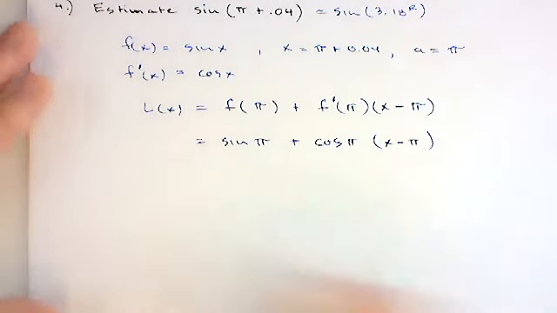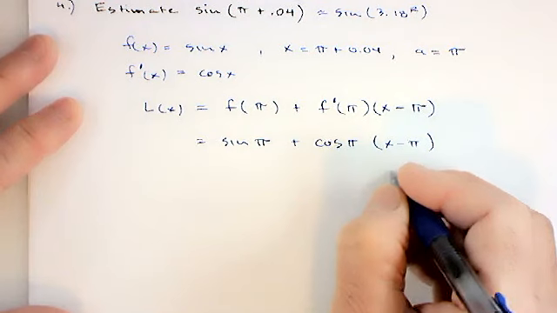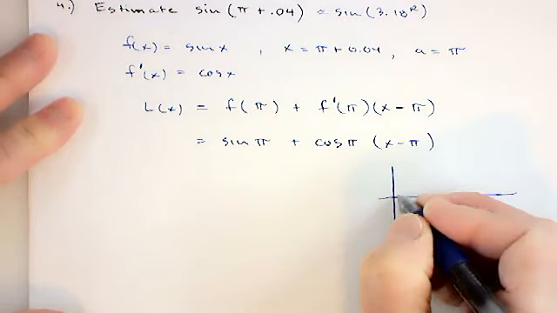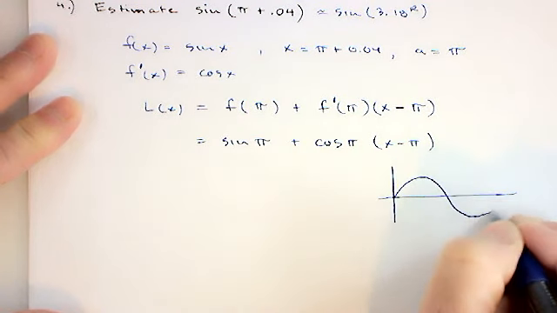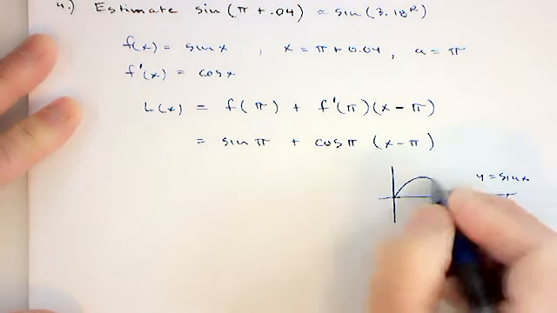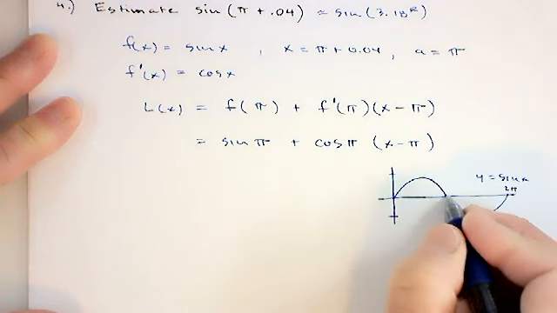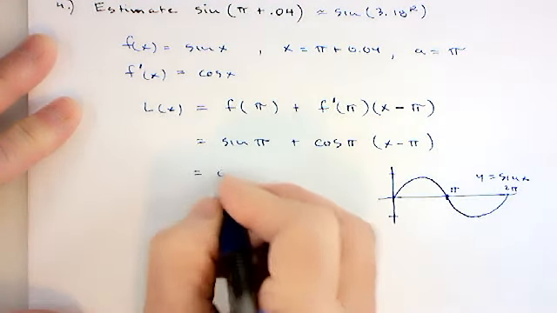Sine of pi and cosine of pi, you should be able to get those. I'm going to need both of those. I like to think of those from the graphs. If you want to use the unit circle, that's fine. But the graph of sine is pretty easy, and you should know what that graph looks like anyhow. It finishes off at 2 pi. So pi is right here. I can tell that the sine of pi is going to be 0.